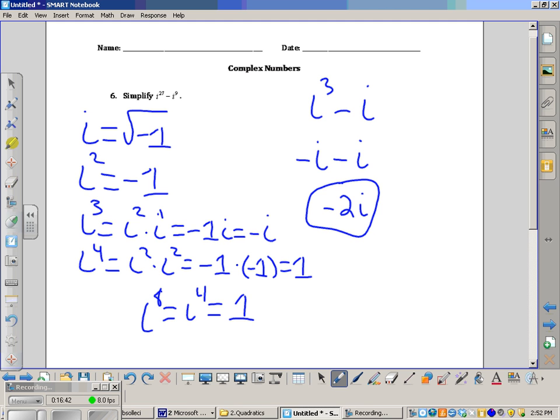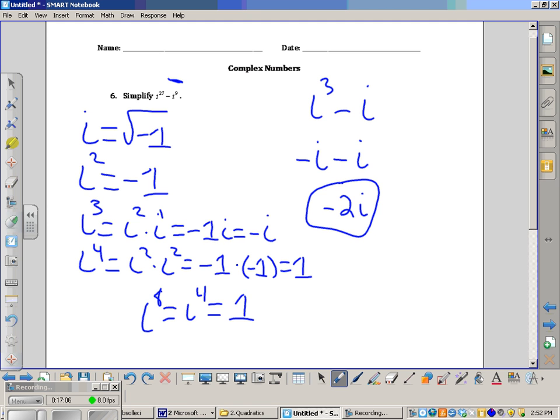All I'm doing is finding out basically what the remainder is when 27 is divided by 4. That goes in 6 times with a remainder of 3. That remainder of 3 represents i to the third. And i to the ninth, right here, 9 divided by 4 is 2, so i to the eighth divides evenly.